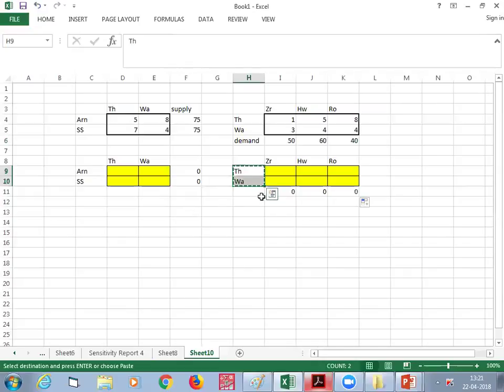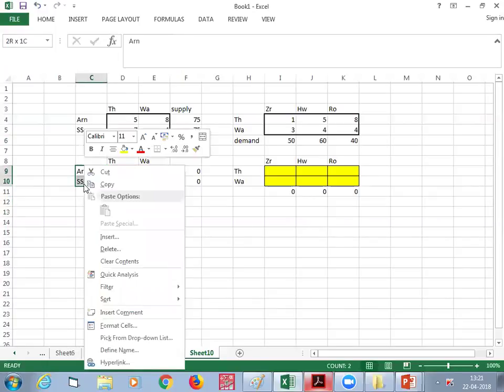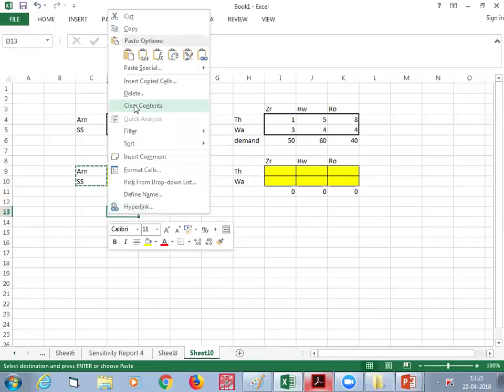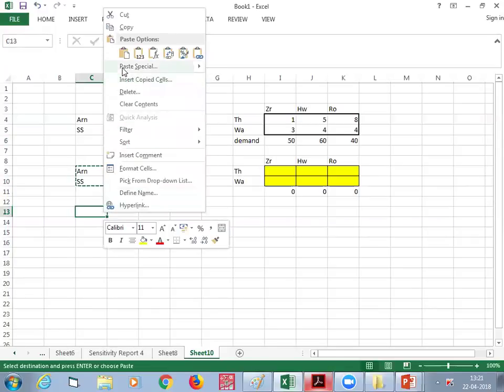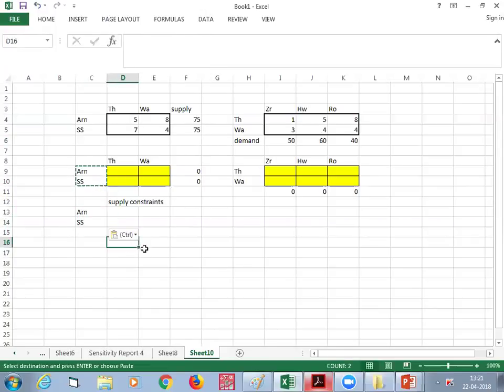Okay, so, let's do it in a different way. Okay, so what we'll do is we will list out all sets of constraints here. So supply constraints for these two. Okay, then there are demand constraints.